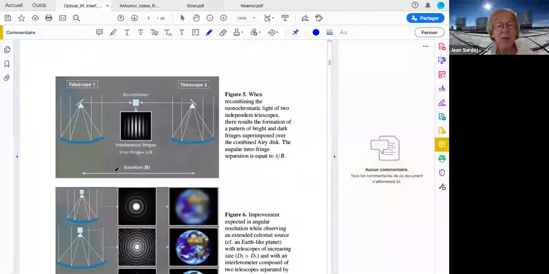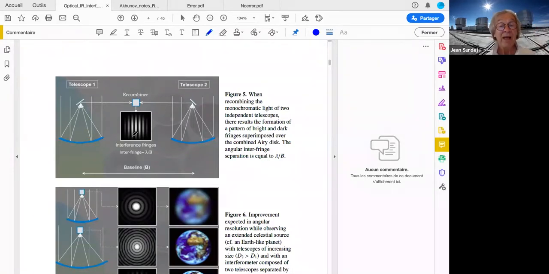Now, instead of seeing in the focal plane just the Airy disk, you still see the central area of the Airy disk, whose angular size is inversely proportional to the diameter of a single aperture, but you see it being crossed by dark and bright fringes.